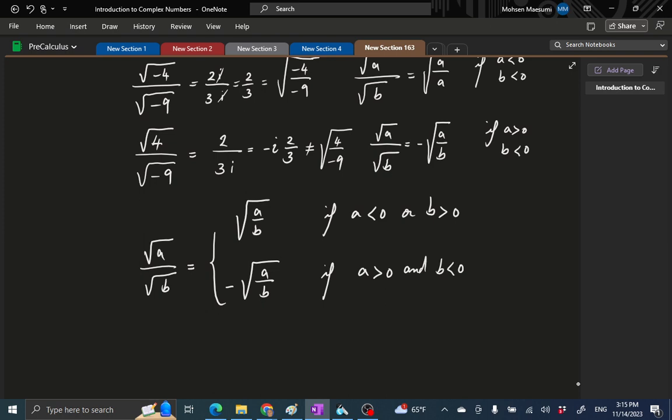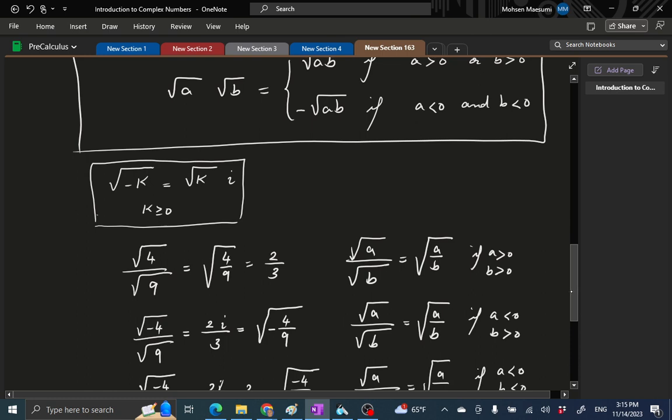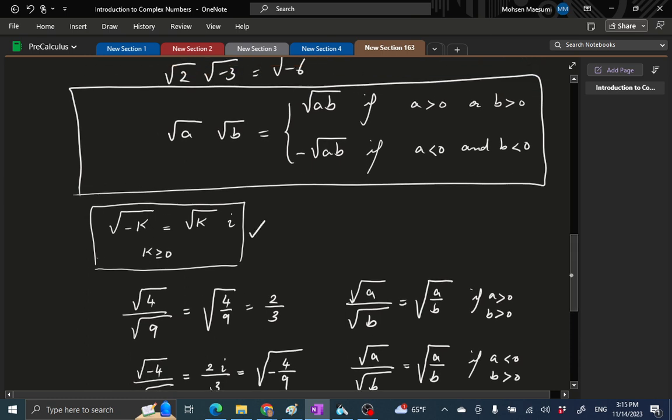A bit confusing perhaps, but to avoid this type of issue, it's always advisable to do the following. If you have a square root of a negative number, write it as the square root of a positive number times i, and then do the algebra as usual. Then you don't need to memorize these particular rules we just mentioned.